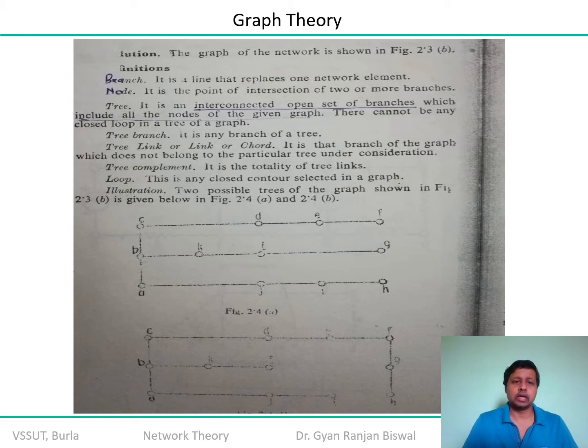Note, as usual, it is the point of intersection between two or maybe more than two branches. So what is the graph then? The graph is basically the symbolic representation, using nodes and branches, of any given electrical or electronic network.